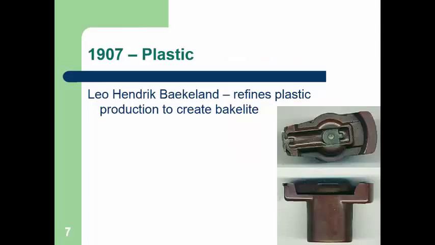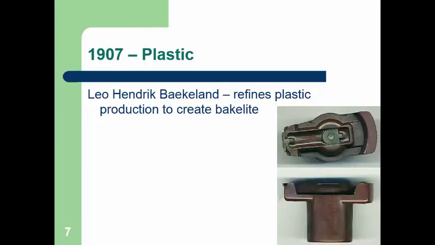Another important piece in the puzzle of making airplanes was the development of plastics. Plastics have this interesting feature in that you can mold it to near net shape. So you can have it in liquid form, put it into a mold, solidify it, and it'll retain the shape that you molded it into. In addition, plastics have interesting electrical properties.